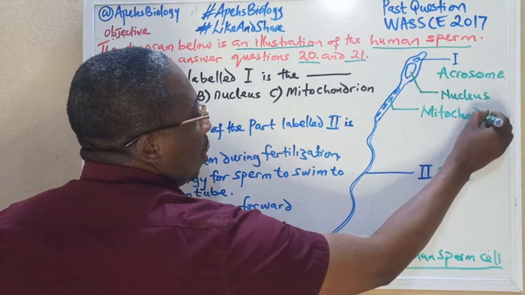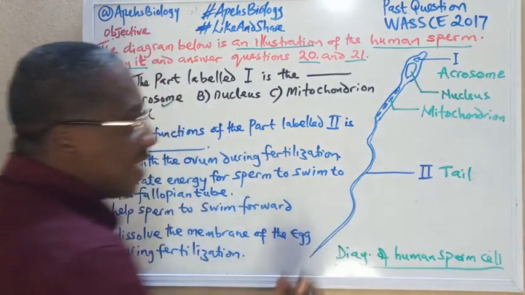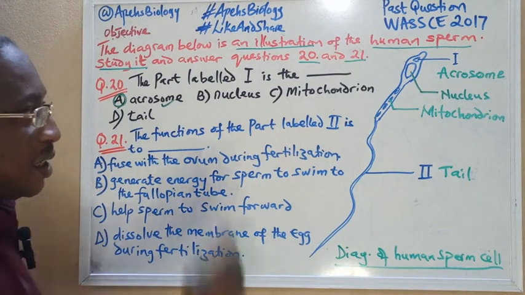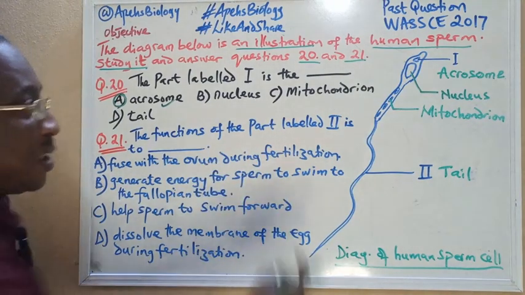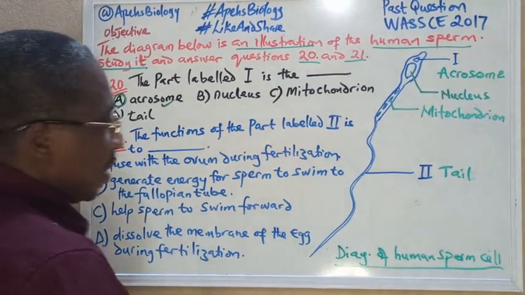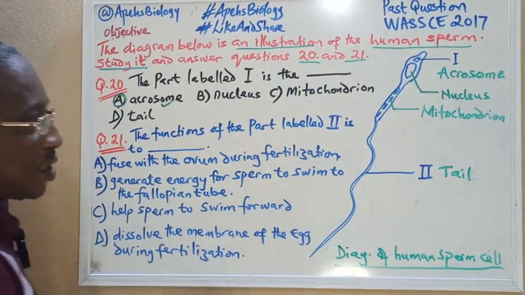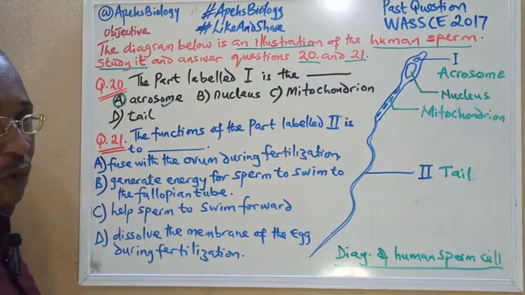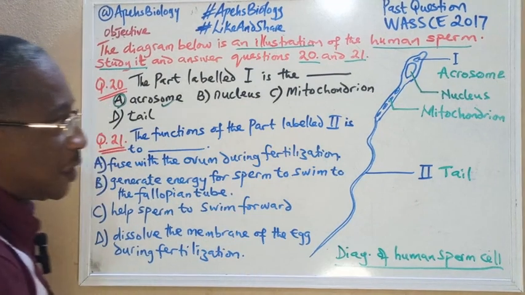Mitochondrion. That is what supplies energy to this sperm cell so that it can swim, right? That is the energy source. It is the power source that gives energy to the sperm cell so that it can swim. Now, the tail, of course, is meant to allow the sperm cell to swim in the forward direction, not backward. So that's the function of the tail.